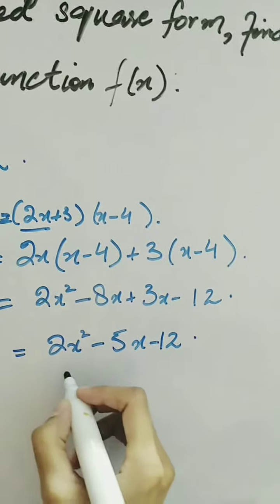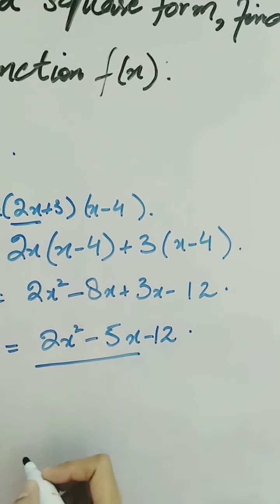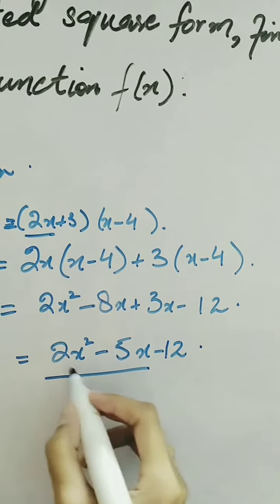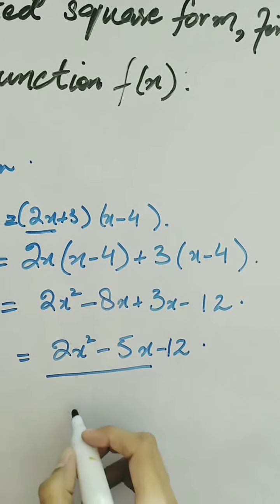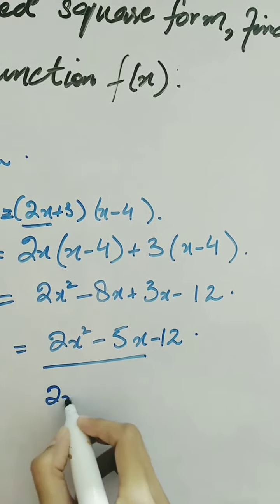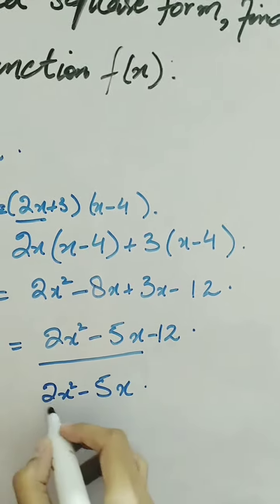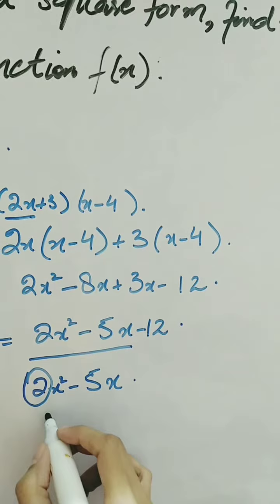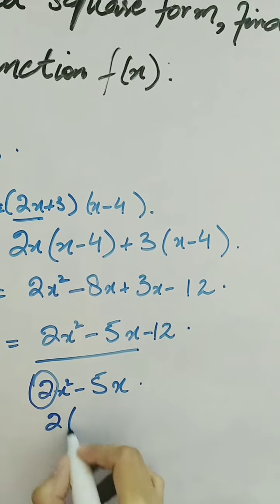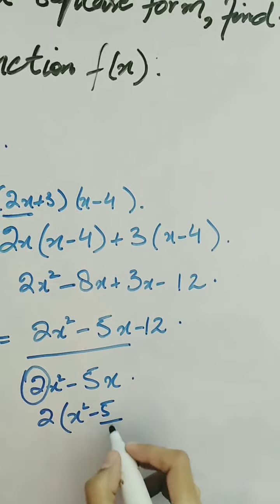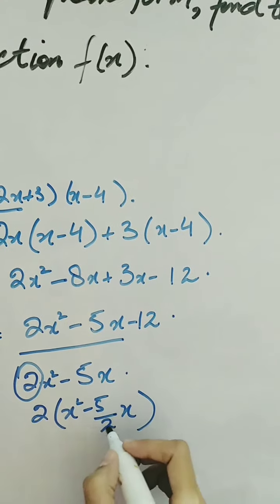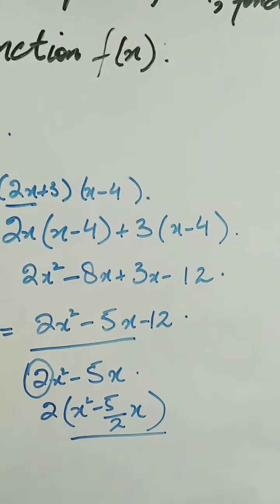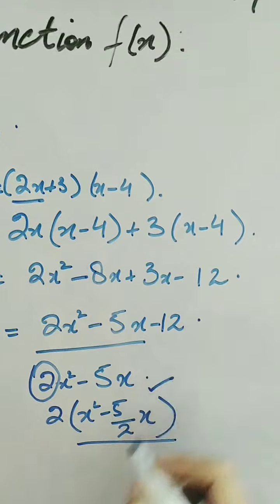Now, in order to convert it into completed square form, we take the first two terms involving x² and x, which are 2x² − 5x, and we take 2 common, so it becomes 2(x² − 5/2 x), as 5/2 multiplied by 2 comes out as 5x.